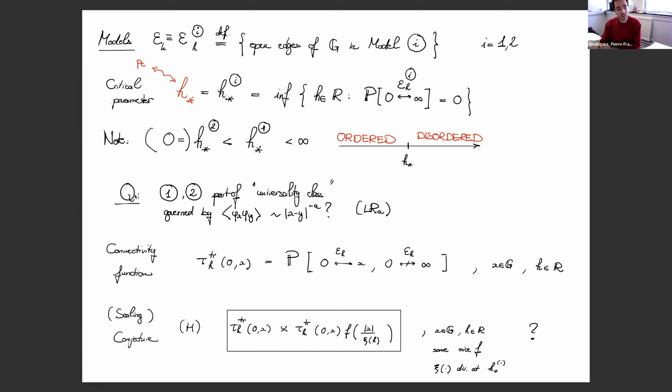Okay, and so the big question is whether these models 1 or 2 are part of some universality class whose critical exponents can be somehow captured.